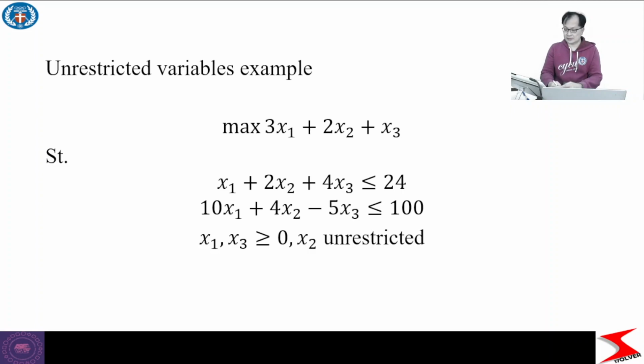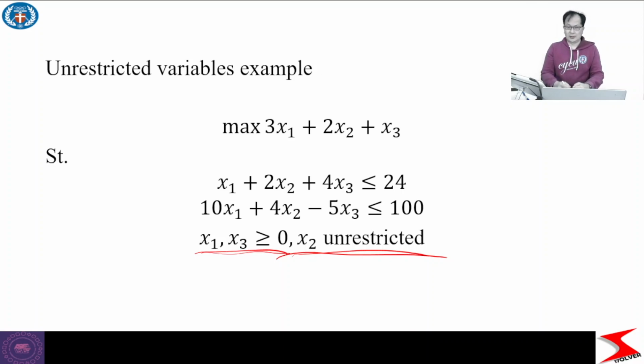And the second constraint is 10 times x1 plus 4 times x2 minus 5 times x3 less than or equal to 100. x1 and x3 are positive variables, but x2 is an unrestricted variable.